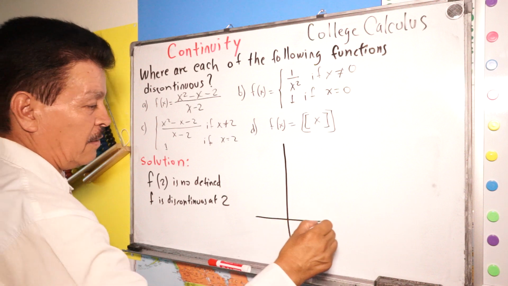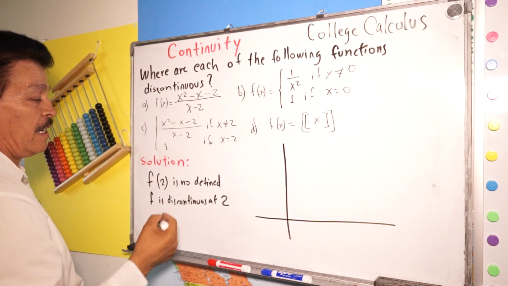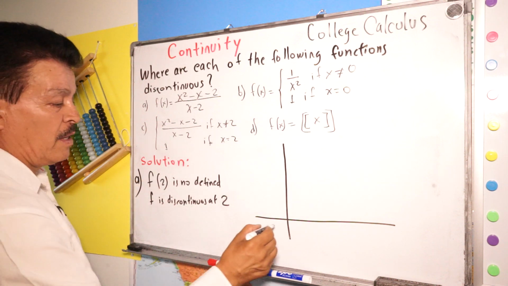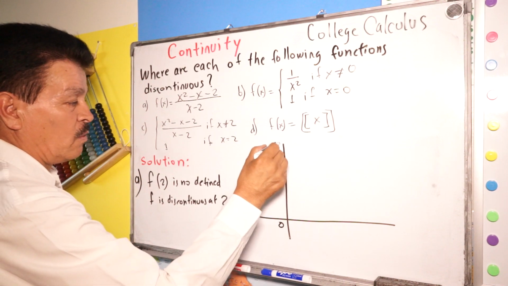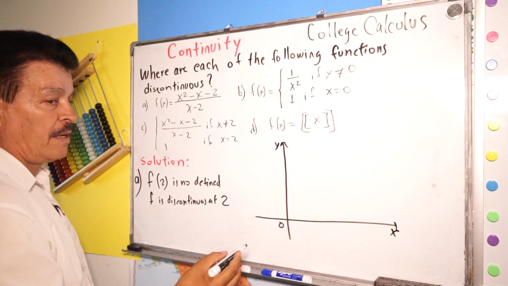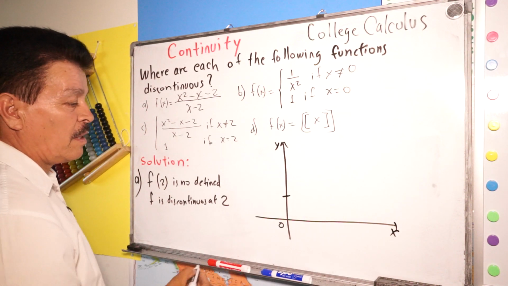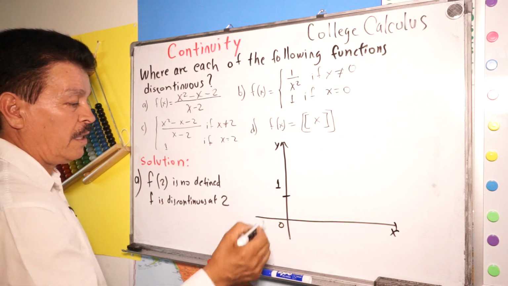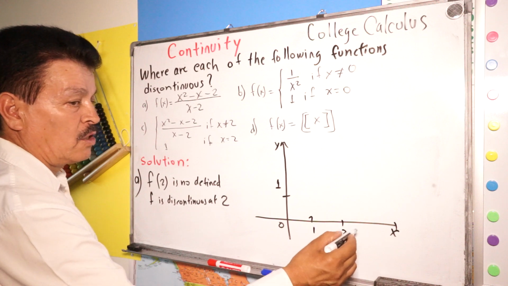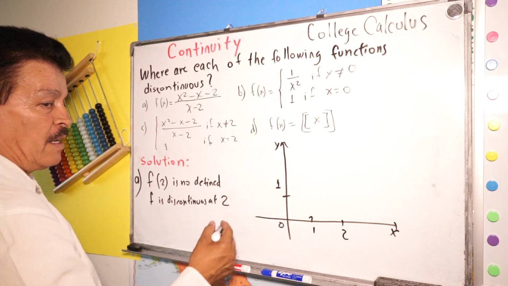Now let's make the graph. We are talking about the first one, problem 8, right here. This is y, this is x. Let's write number 1 right here, and then 1, 2, and that's it.